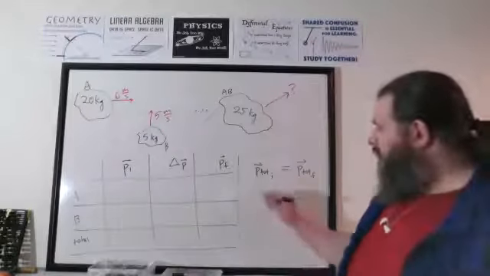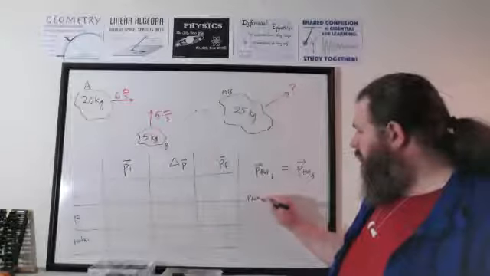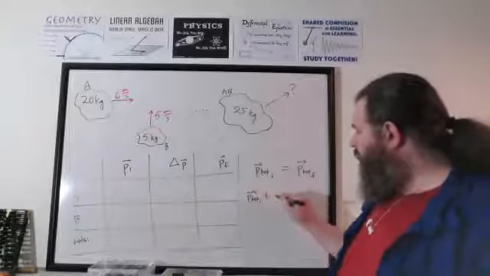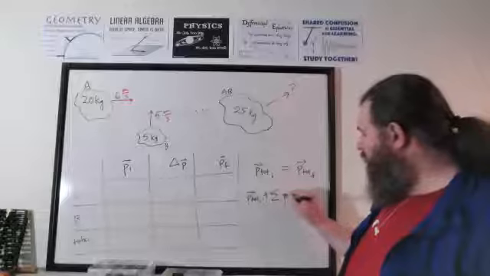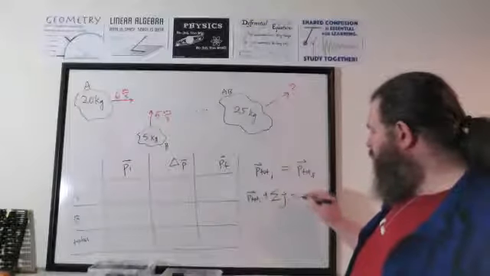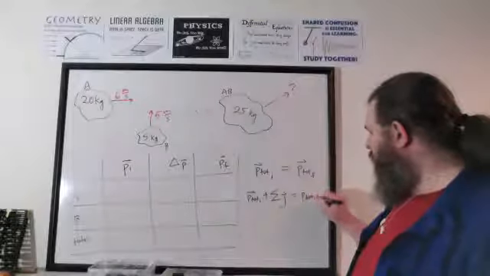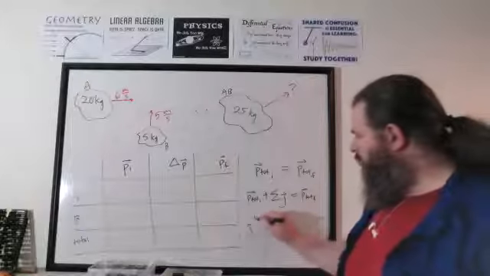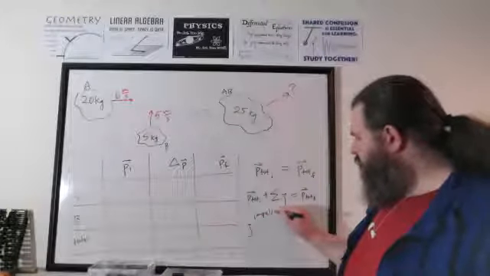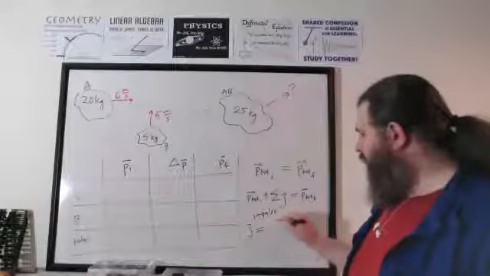If it was an open system, we'd say the total initial momentum plus any impulses, usually written as J, equals the total final momentum, where impulse is force times time.